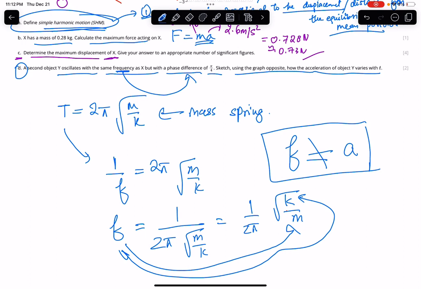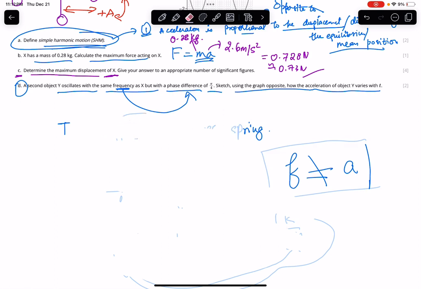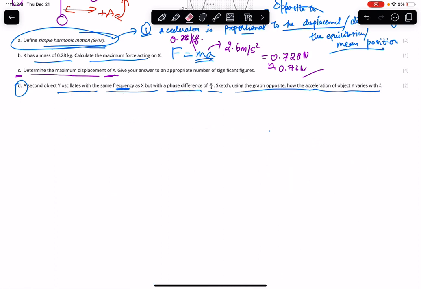Now what we can simply end up doing is show the graph with phase difference. When we look at phase difference, we just remember this formula over here.